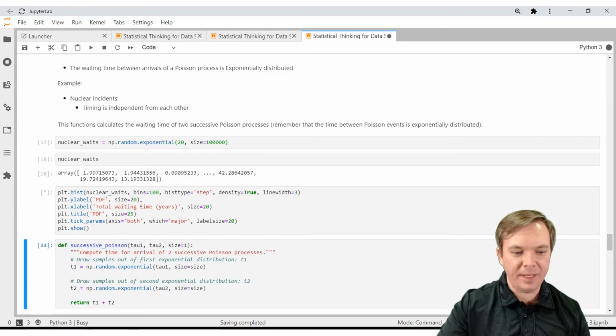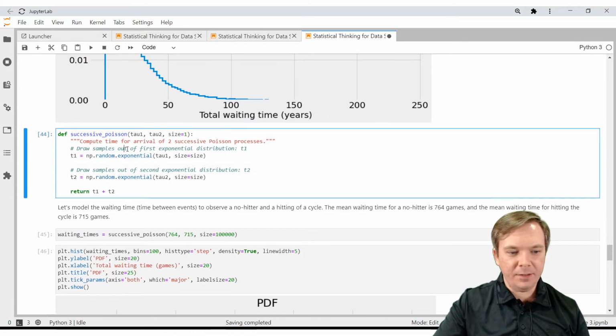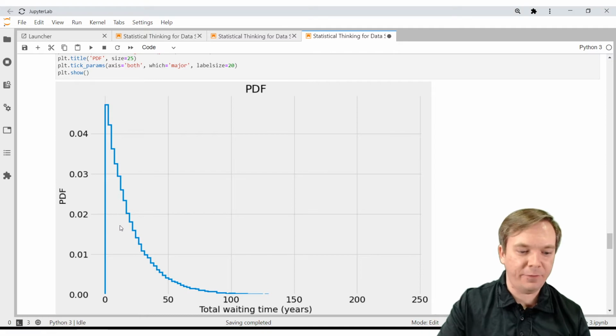And then we'll make a probability density function, so you can see the total waiting time in years and a probability for that, okay? Let's actually interpret this PDF. So here is, I guess, 25.